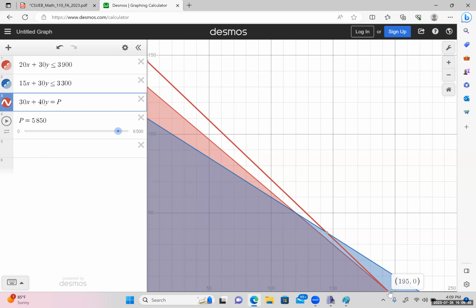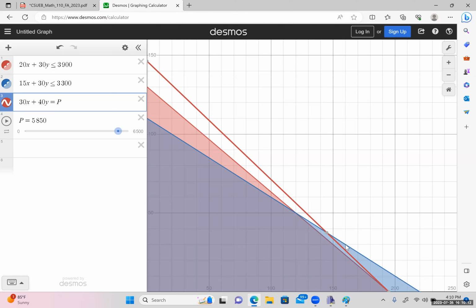I will have the profit line touch the feasible region, which means I will have the maximum profit as 5,850, and there is an x and y value certified for that maximum profit.